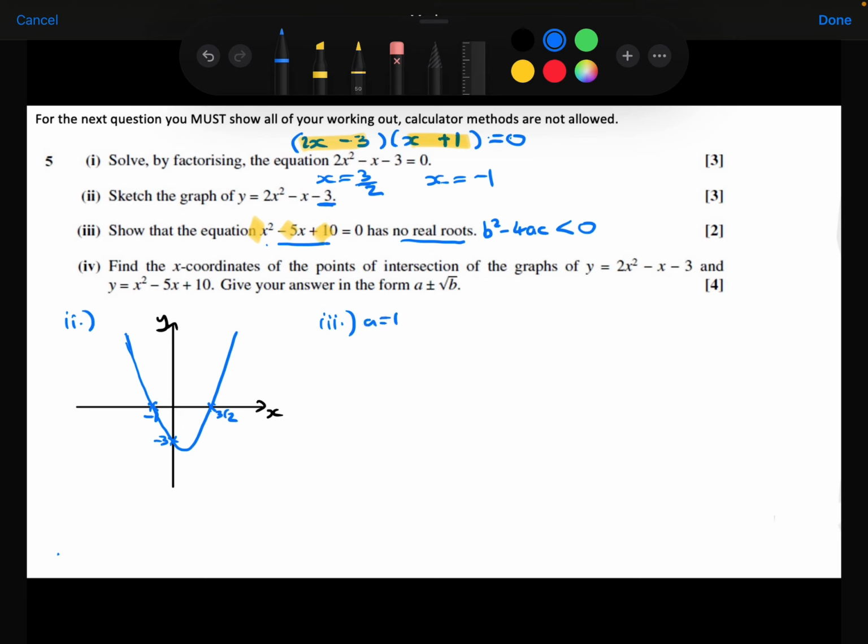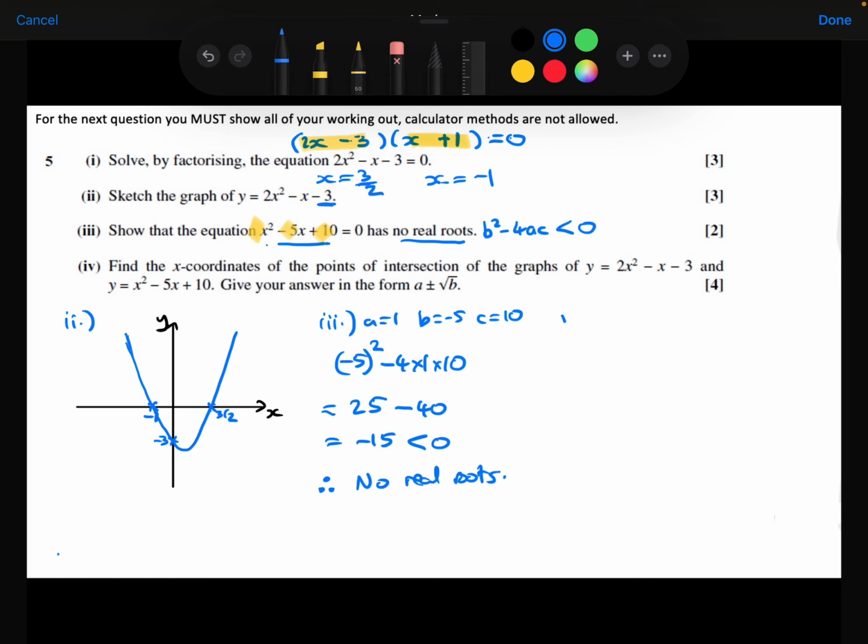So substituting each of those into the discriminant to see if we get something that's less than 0. We've got minus 5 squared, that's the b squared, minus 4 times a times c, which is 25 minus 40, which is minus 15, which is less than 0, therefore no real roots.